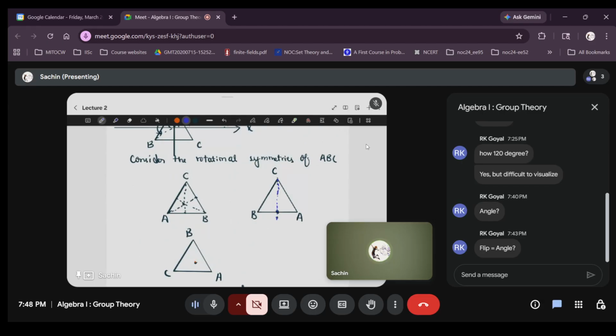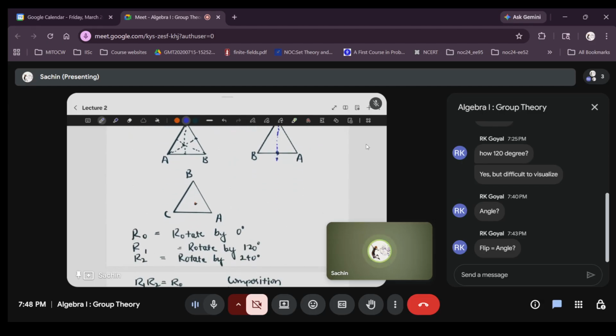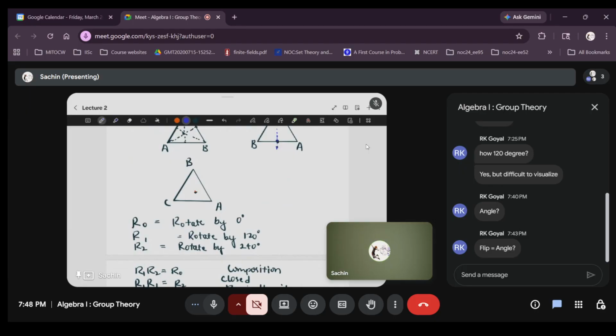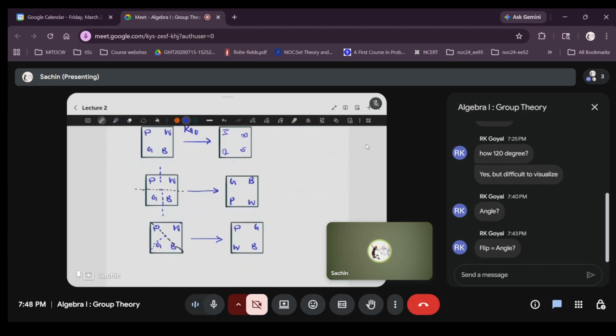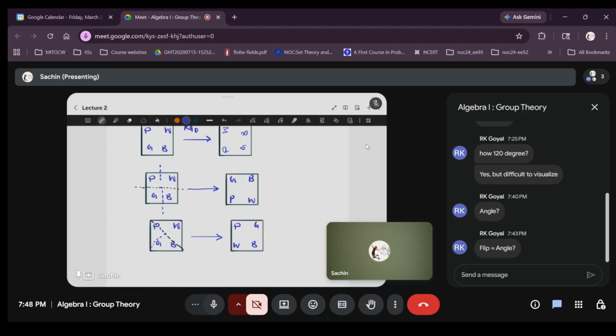For a polygon with n vertices, there are n flip operations and n rotation operations. Each of these operations will only change the position of the points. The orientation of the points has changed, but the figure is still the same figure that you started out with.